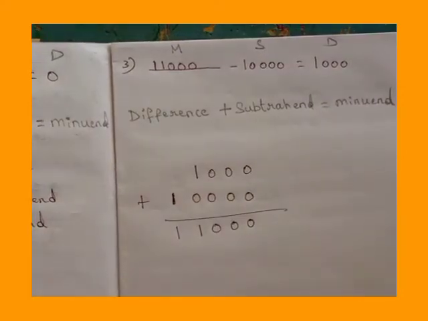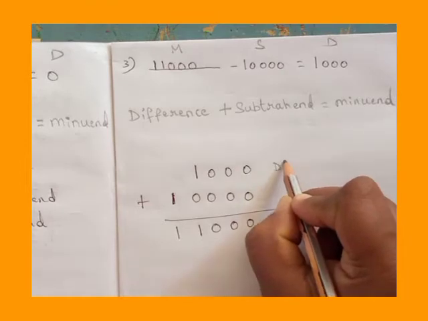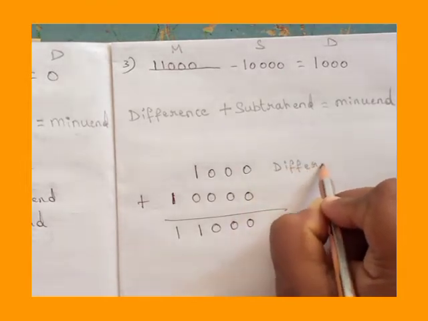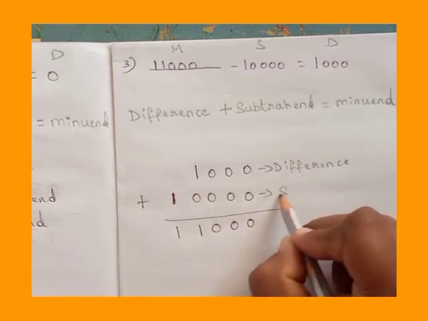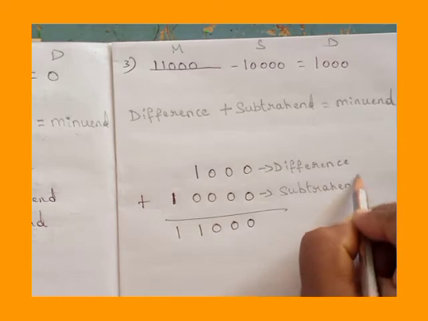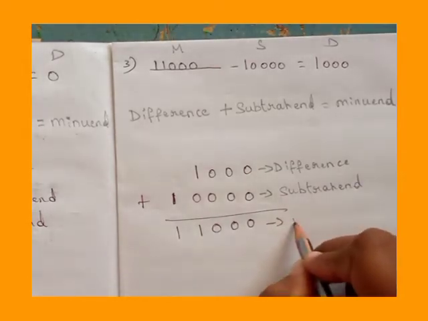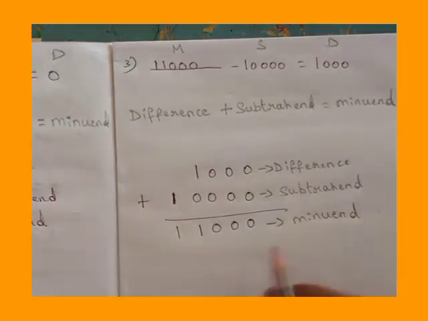Got it now, dear children? So this will be the difference. This is the difference, and this is the subtrahend. You need to add the difference and subtrahend, so you will get the minuend. Okay, dear children, understood, no?